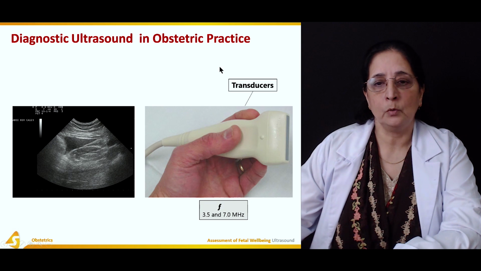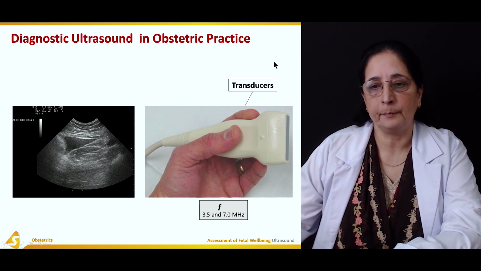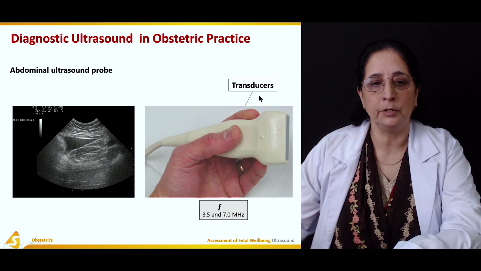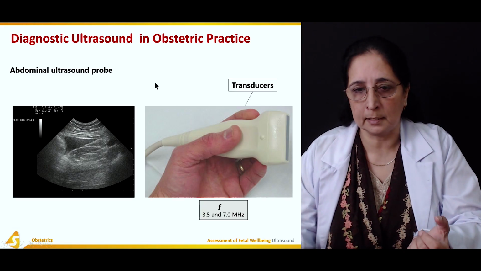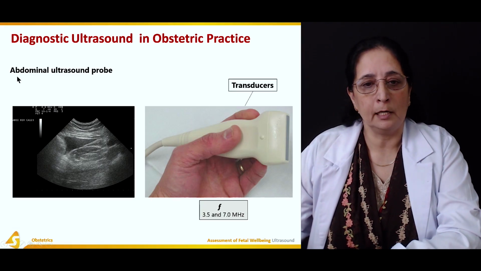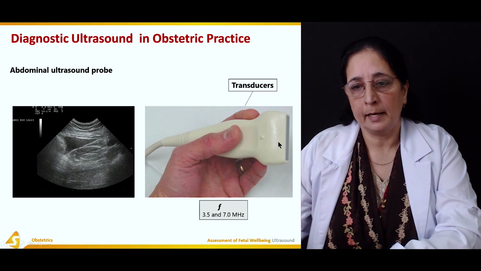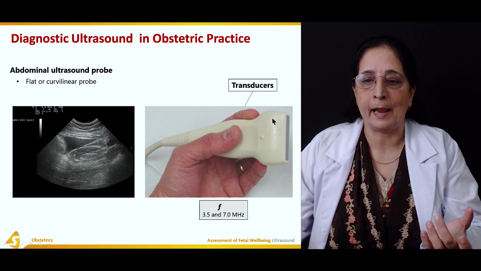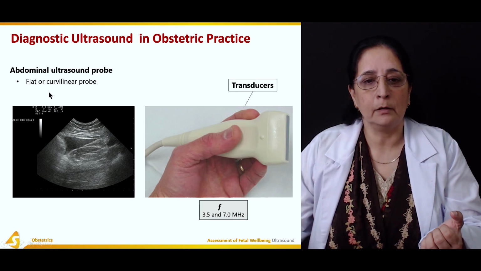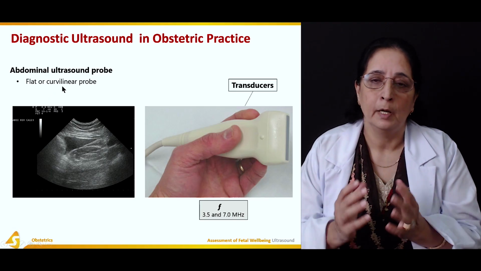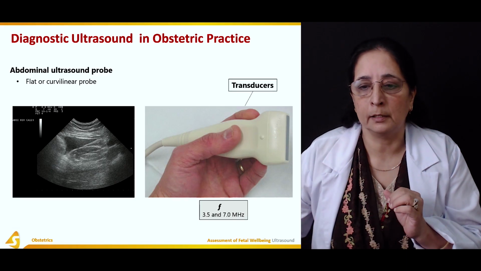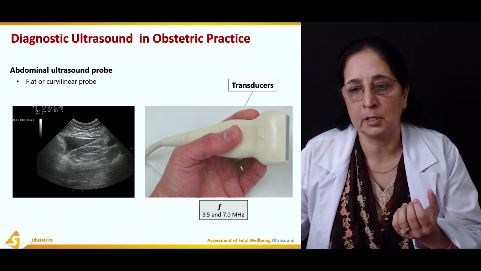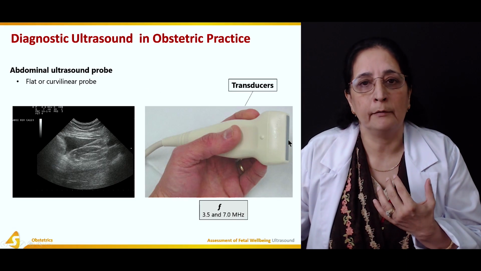In diagnostic ultrasound in obstetric practice, this is the abdominal ultrasound probe, the transducer. There are two types of transducers or probes available, usually flat, or curved linear.